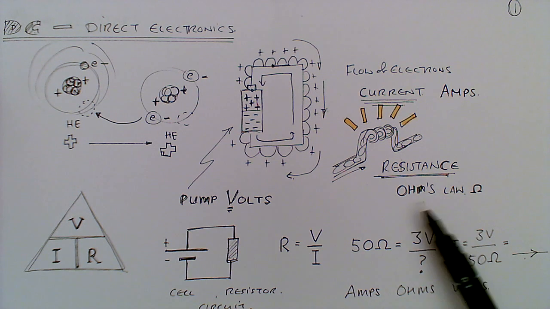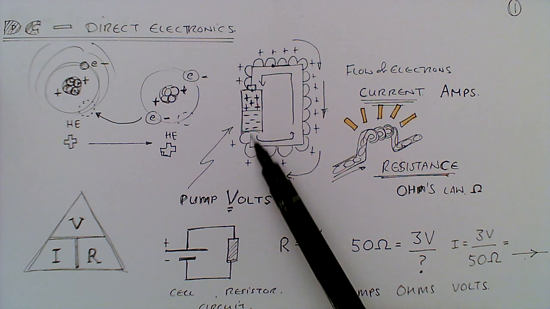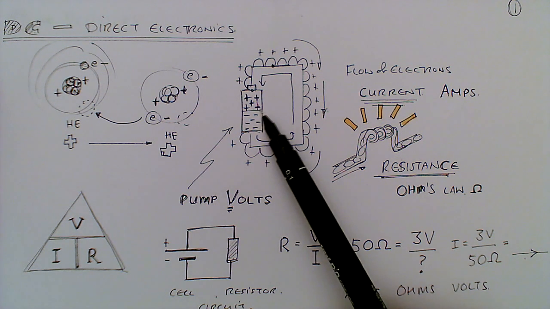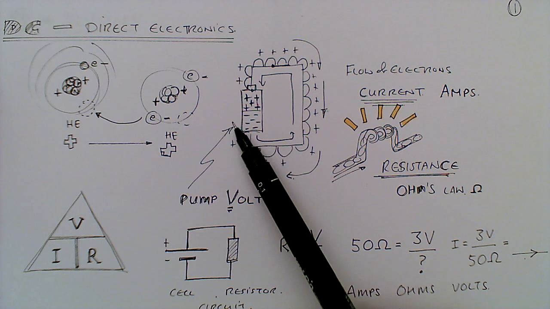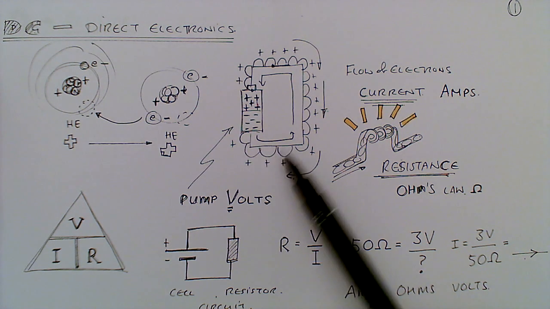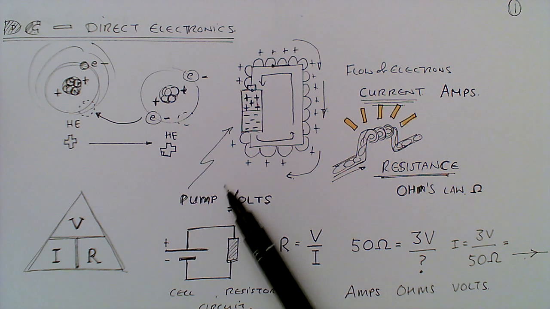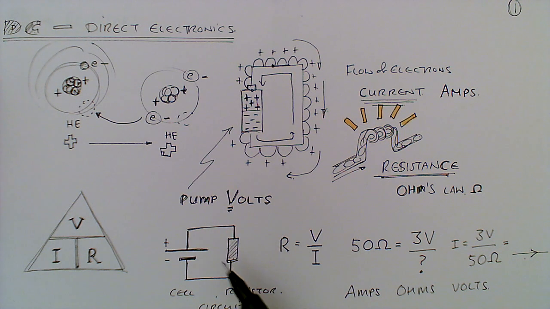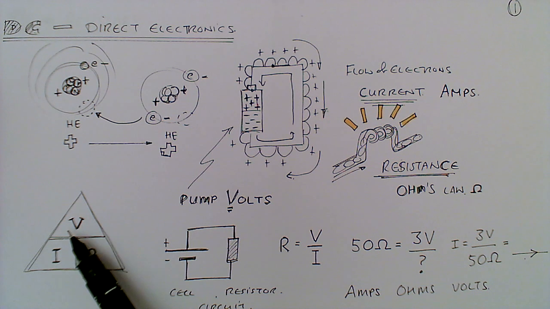And we discussed this concept of resistance and Ohm's law, which we're going to be looking at in a little bit more detail. We talked about how the battery acted as a pump, pushing the electrons around the circuit with a certain amount of pressure, if you will, and how we describe this using the term volts. We looked at Ohm's law, which is a relationship between the voltage, the current and the resistance that always remains the same.